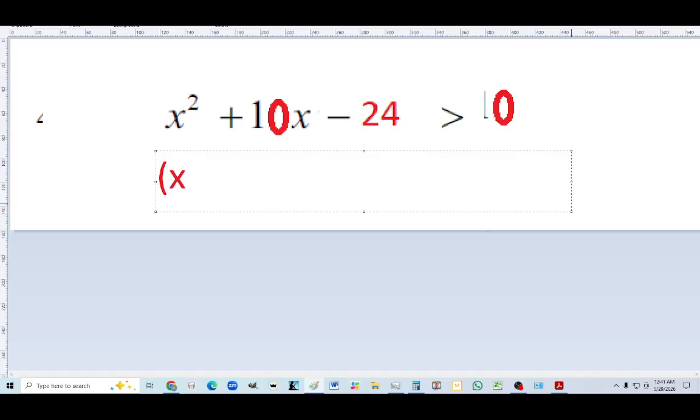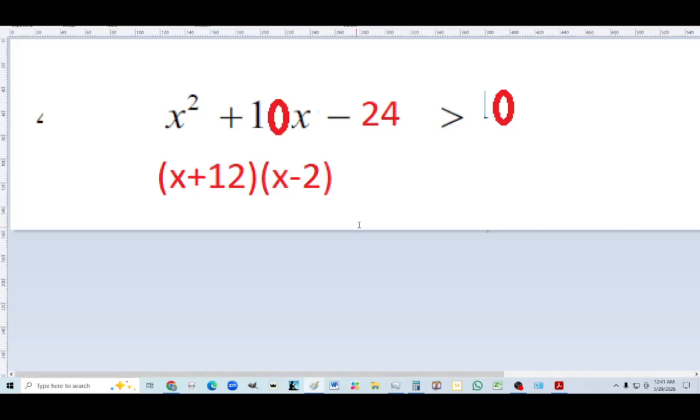It's going to be x plus 12 and x minus 2. That adds up to positive 10, 12 minus 2, and multiplies out to minus 24, 12 times minus 2.